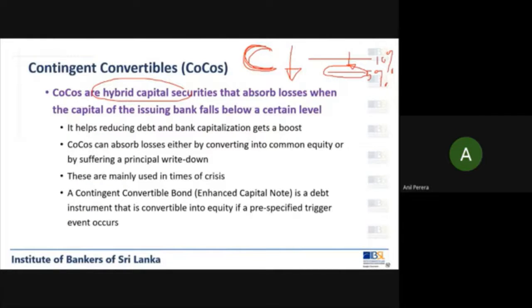So those are the key instruments that we can understand and identify in the financial markets in the modern context. Some are traded widely, some are very popular, some are not that popular, but depending on the circumstances and the needs, these are used in various markets. Okay.